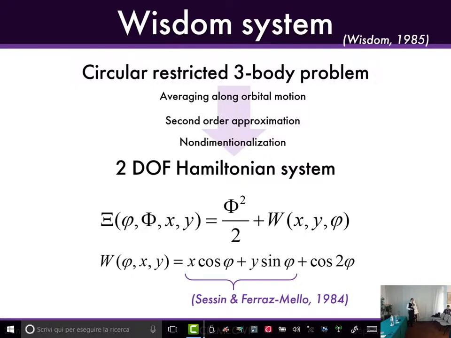If we use only the first order of approximation, this term vanishes, and the system becomes a special case of the system that was considered by Sessin and Ferraz-Mello in 1984, and they showed that this system is completely integrable. What I want to show here is that the introduction of the additional term destroys this integrability in some region of phase space, and also produces a number of new qualitative effects.